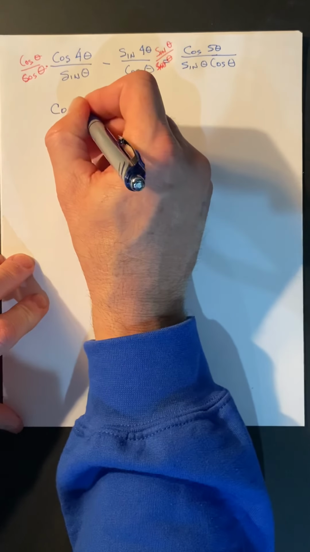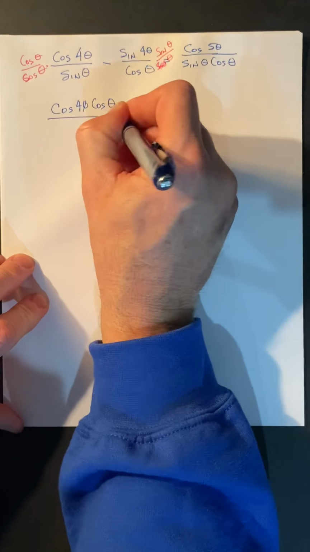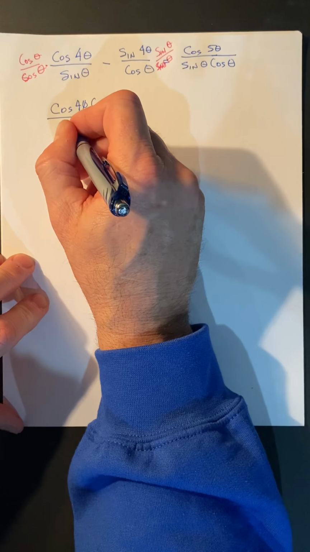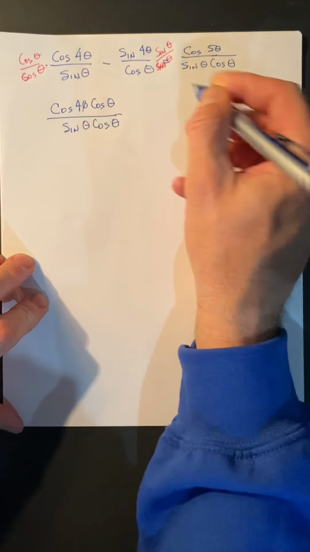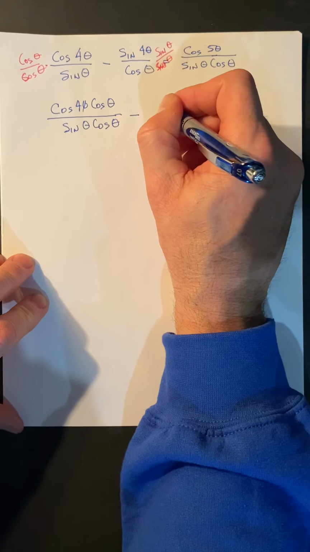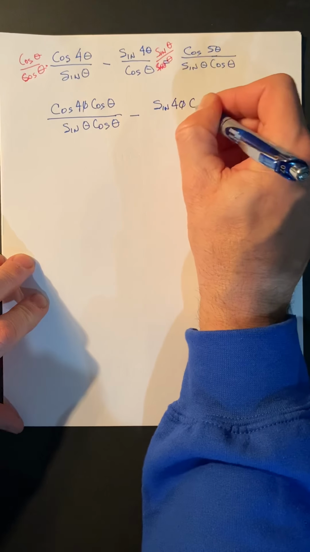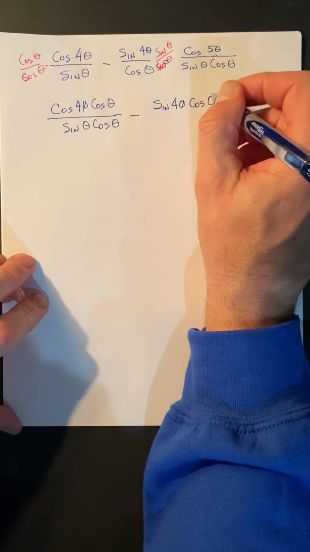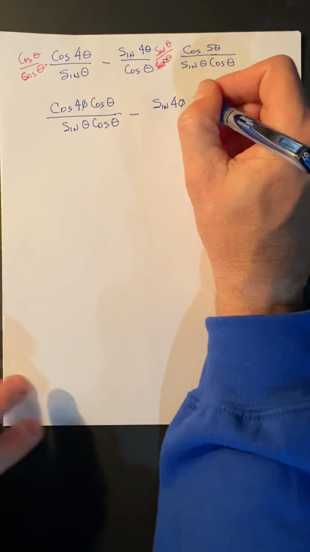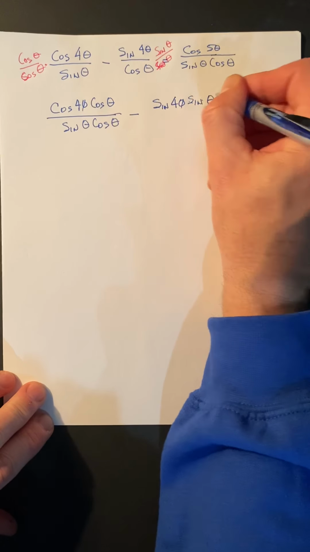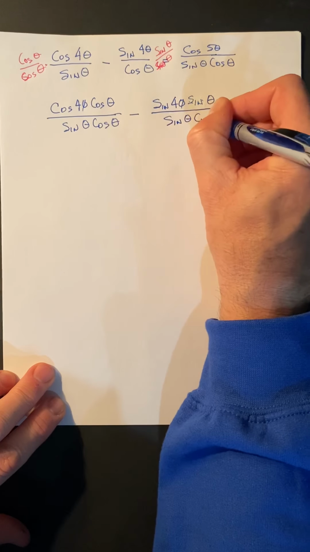That gives me cosine of 4 theta cosine theta all over sine, sine just typically comes first, all right, minus the sine of 4 theta sine theta all over sine theta cosine theta.